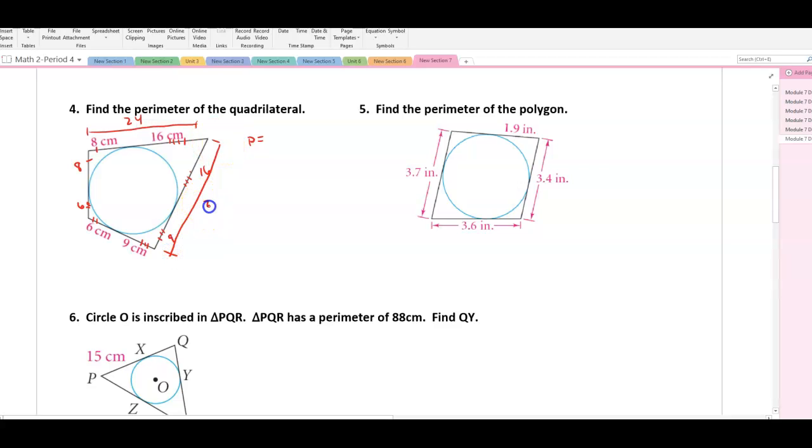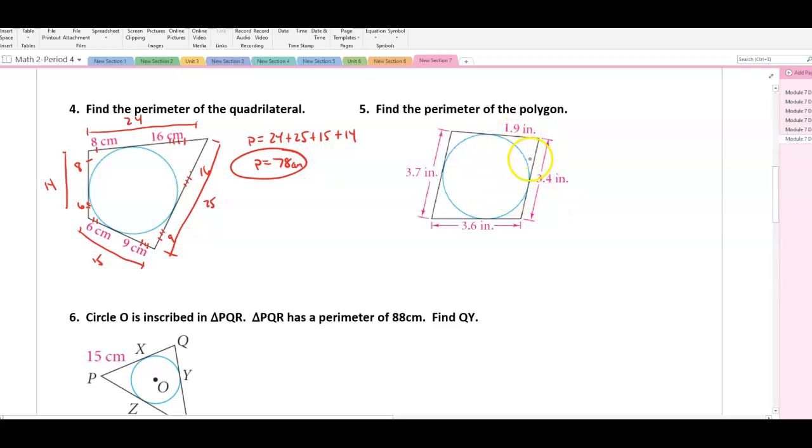This would be 25. This is 15. And this is 14. So the perimeter would just be 24 plus 25 plus 15 plus 14. And you would get a perimeter of 78 centimeters.